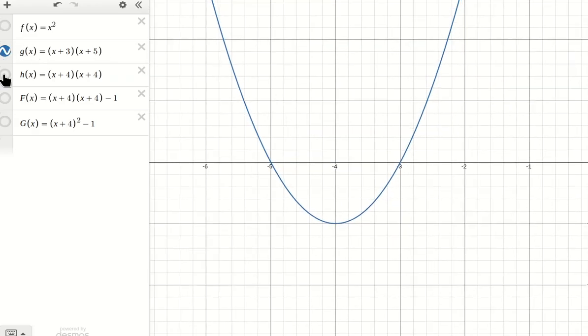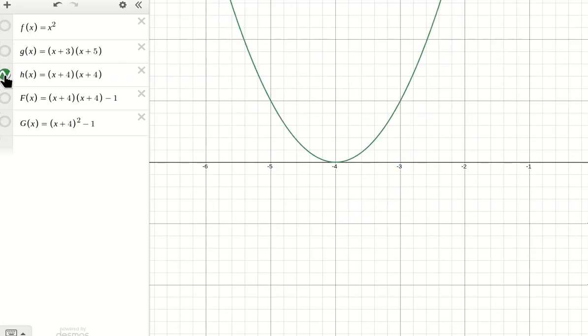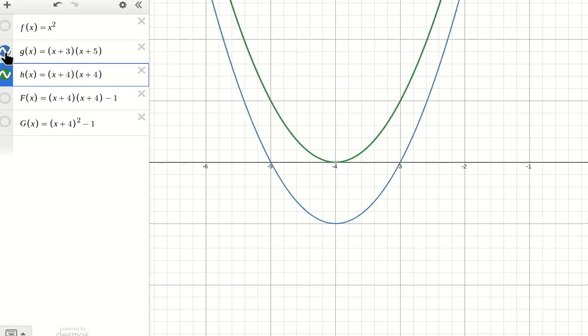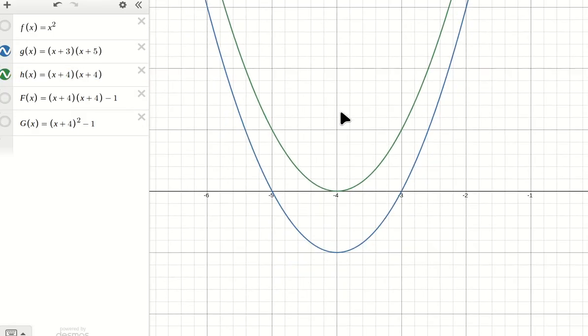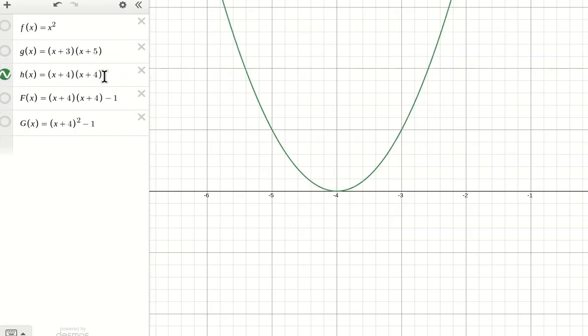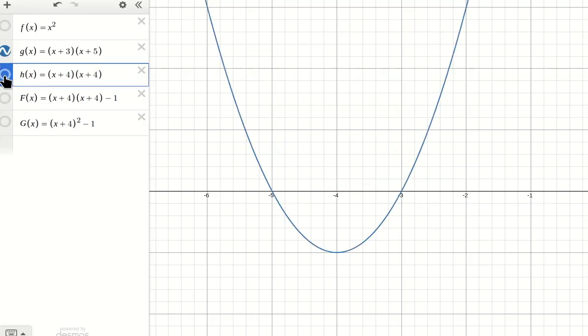And if we look at x plus 4 squared, h of x, I'm calling that, and compare it to x plus 3 times x plus 5, we'll notice they're pretty similar, but they've kind of been shifted around. So if we take that x plus 4 squared, and we want to move it from here down to here, we subtract 1.